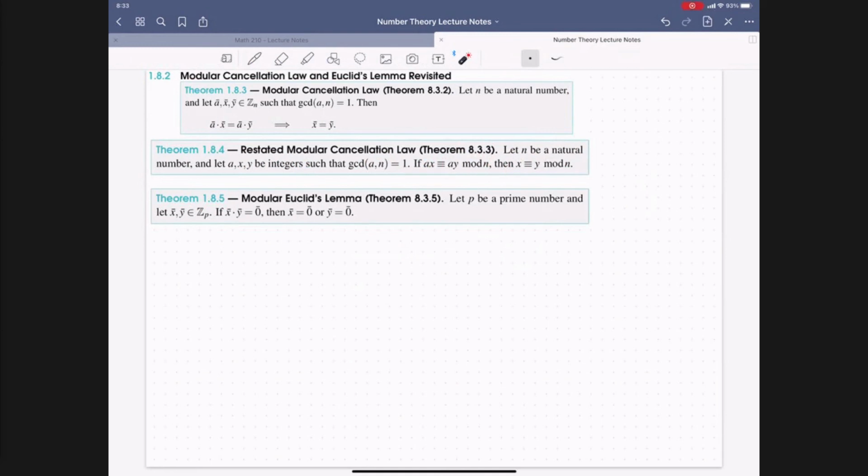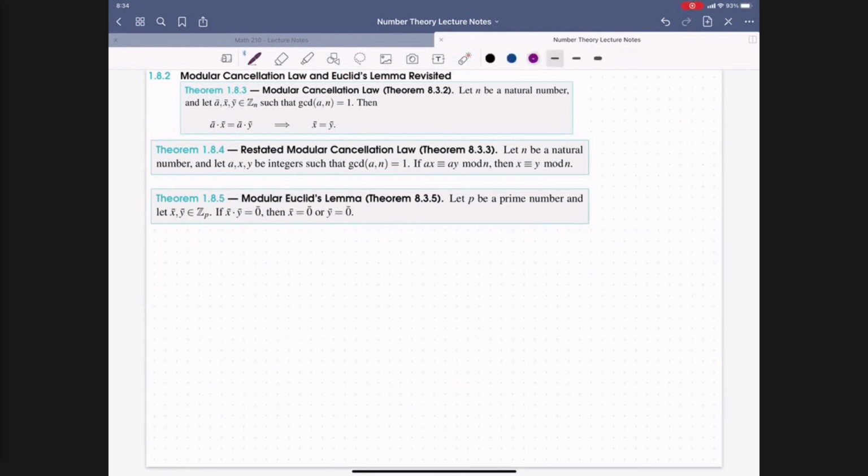And in the same manner, we can now state Euclid's lemma, well, the original Euclid's lemma. The book, as a reminder, refers to Euclid's lemma as a stronger statement. But if we consider the original Euclid's lemma, we have that if p is a prime number and we're looking at the integers modulo p, and we have x bar, y bar in the integers modulo p, and if the product is equal to 0 bar, then x bar is equal to 0 bar or y bar is equal to 0 bar.